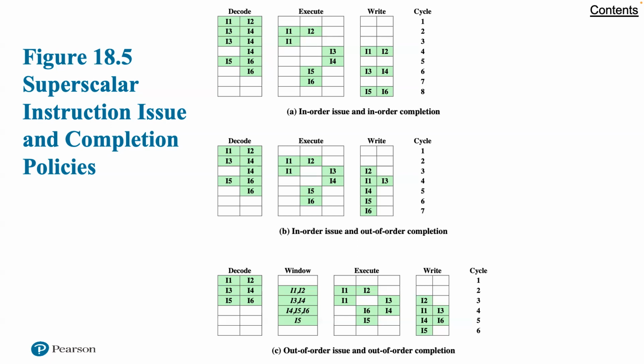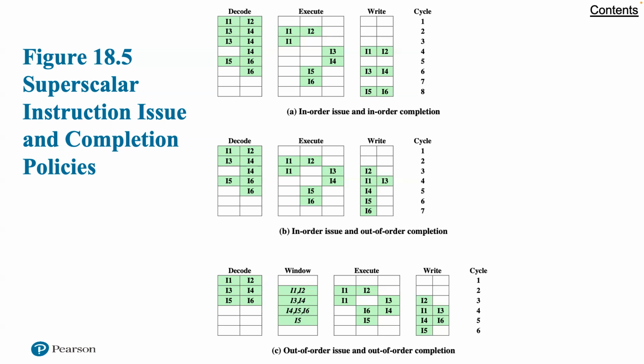The example assumes the following constraints on a 6 instruction code fragment. I1 requires 2 cycles to execute. I3 and I4 conflict for the same functional unit. I5 depends on the value produced by I4, and I5 and I6 conflict for a functional unit. Instructions are fetched 2 at a time and passed to the decode unit.